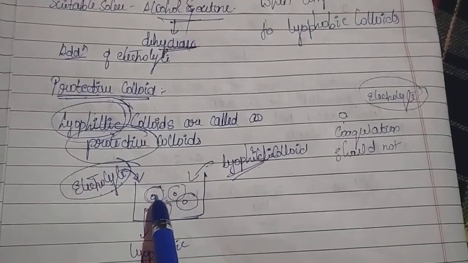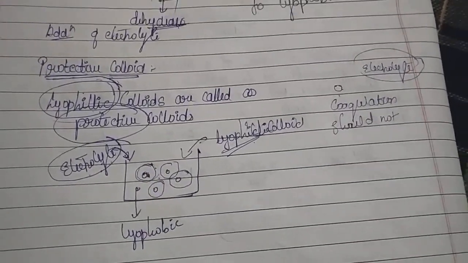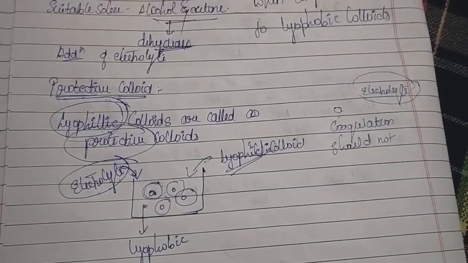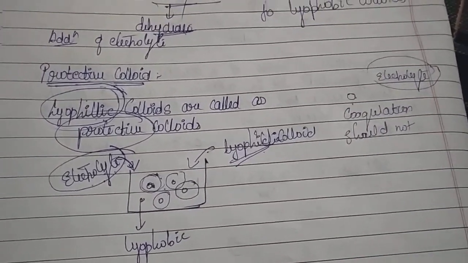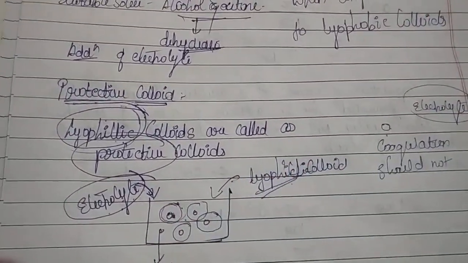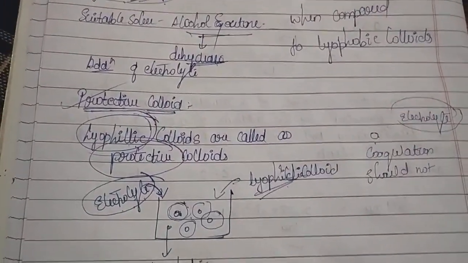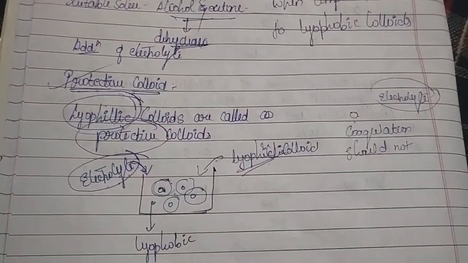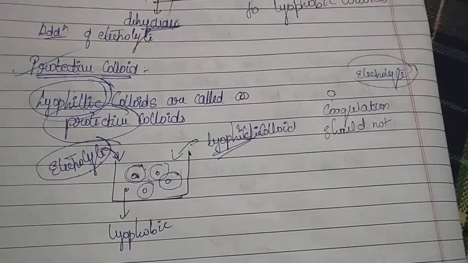When charges are retained, what happens? Of course, the colloidal particles will be in their continuous random motion, they are in a stable condition, and they are not going to get precipitated. So this is the concept one has to know when dealing with protective colloids. One very important question: among lyophilic and lyophobic colloids, which one is called the protective colloid?